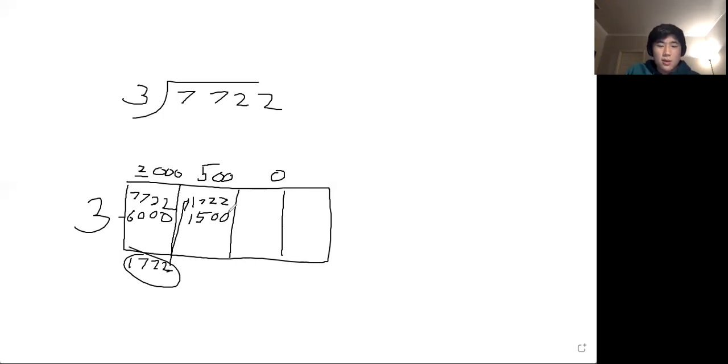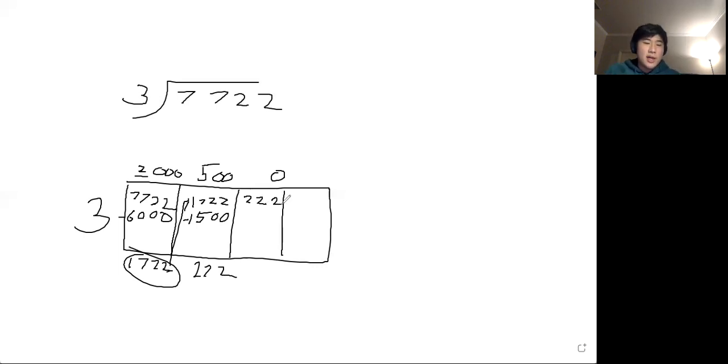You want to make sure that you choose a number that's smaller, but maximizes how big it is. You don't want to choose 100 because that'd be way too small, and you'd have too many remainders. You want to choose the biggest number you can fit in there. So we subtract this, and we get 222. We're going to write 222 over here.